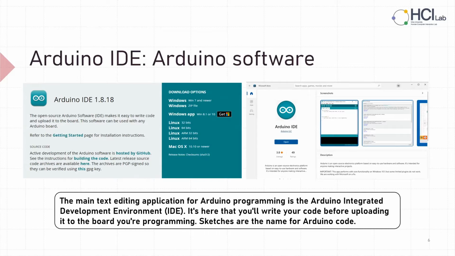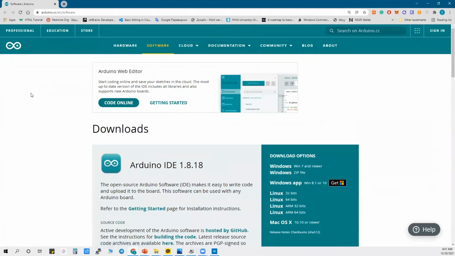Now let me click here. If we click, we can see the Arduino website, arduino.cc, and here we can click on Software.